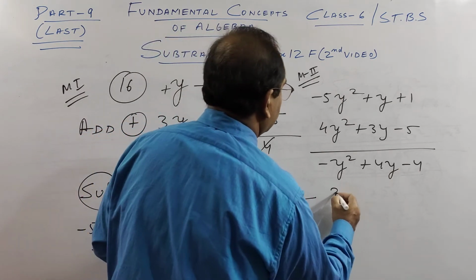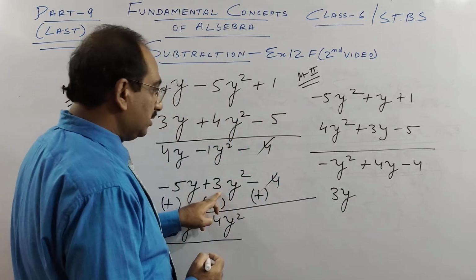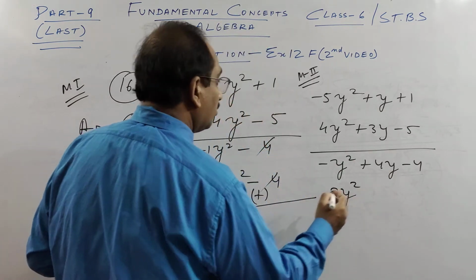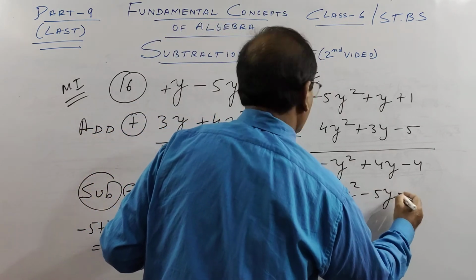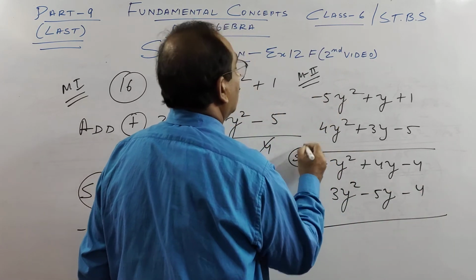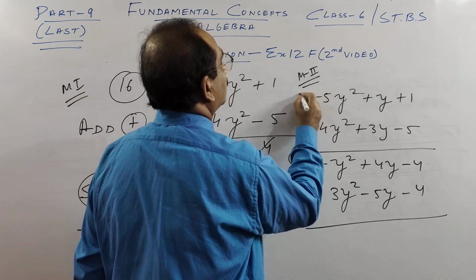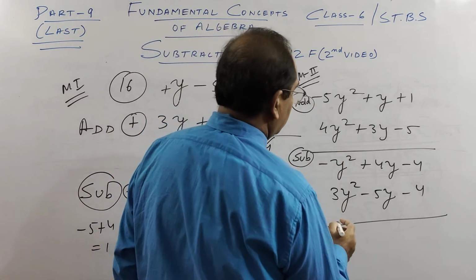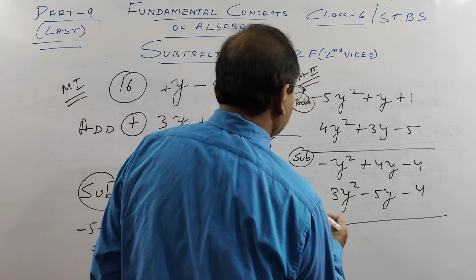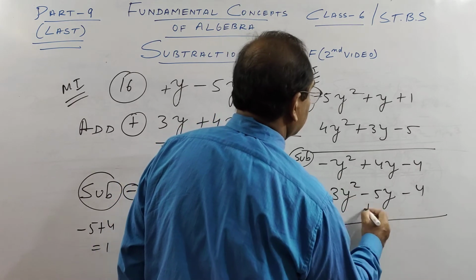So again here I'll rearrange, children. I am rearranging this because y square will come below y square. So plus 3y square minus 5y minus 4. Here we are going to subtract, children. Remember, this was the sum of the first two, so keep that in mind. Down here we have to change the sign.